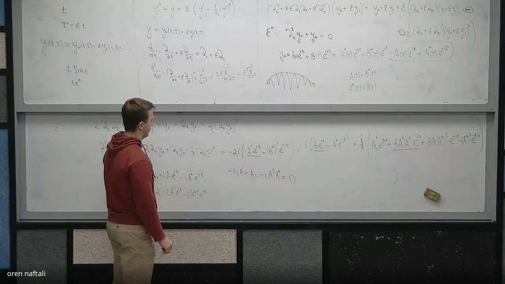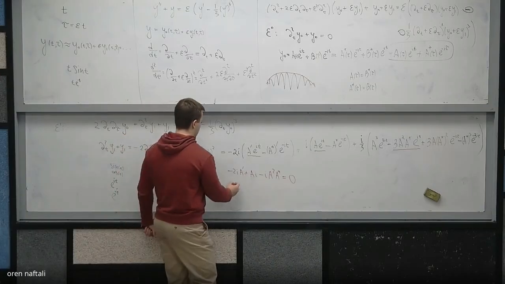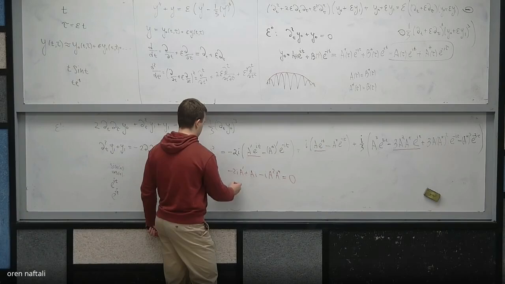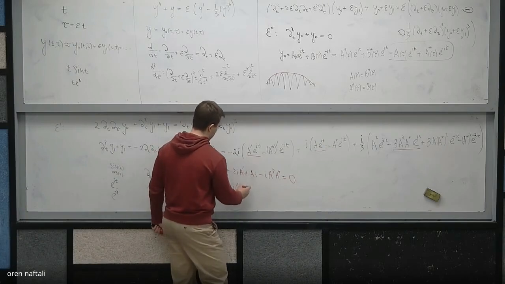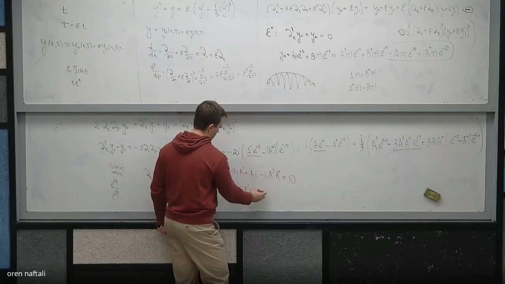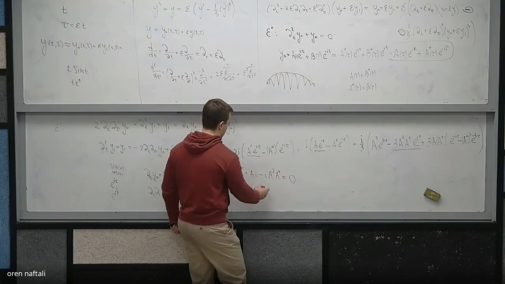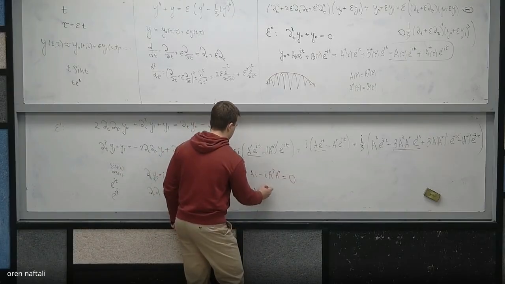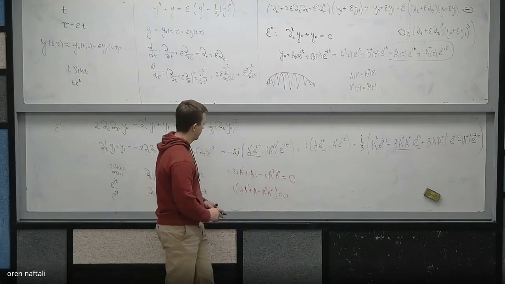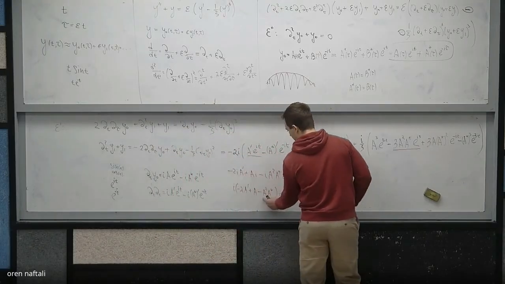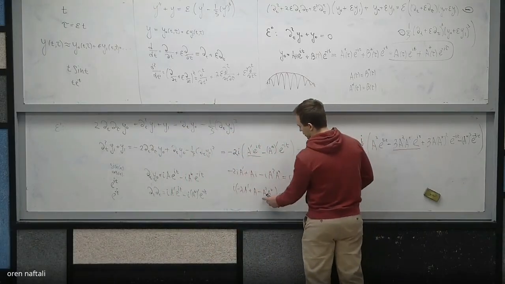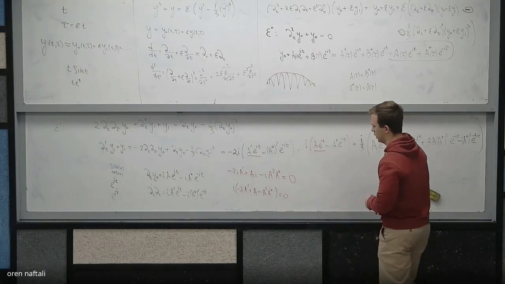So we have this differential equation, minus 2 a prime plus a minus r, equal to... And this I can rewrite as a cubed.